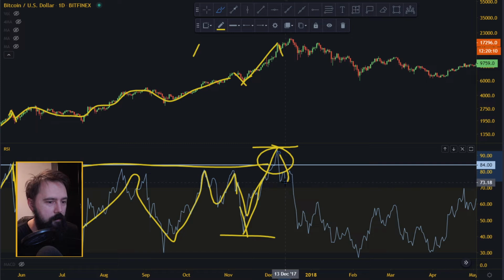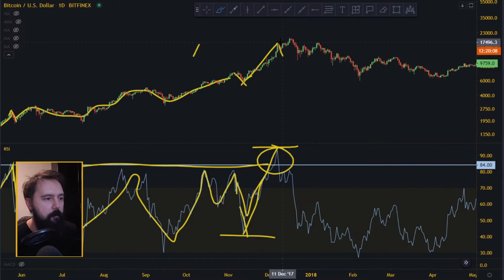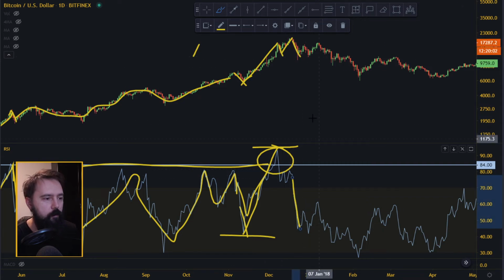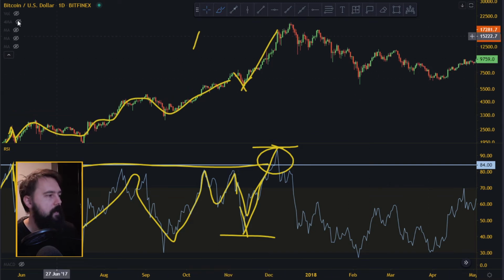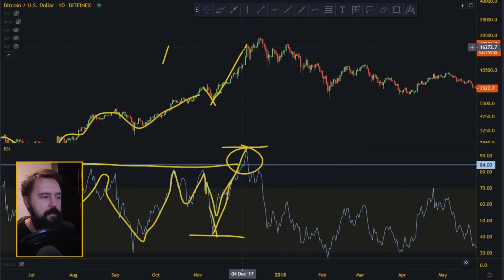It corrected down to 73, but from 73, when it went up again, it just did not have any force to continue, and then it corrected really badly. Maybe people took the profits, and whatever happened, the bubble popped, and that's it.